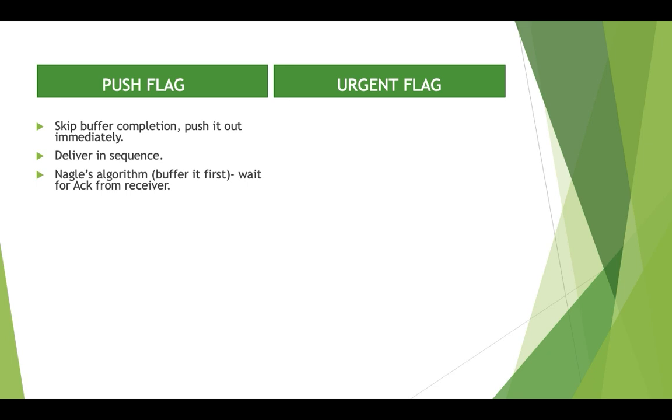We need that command to be run, we need that character to be typed, so we just type it and hit enter. That is a perfect example of push flag. In that case, it completely negates Nagle's algorithm and sends that data immediately. So push flag is actually the negation of Nagle's algorithm.